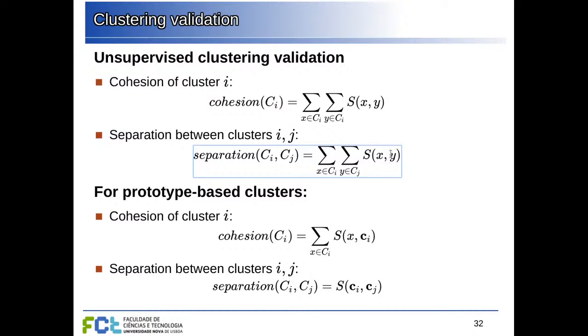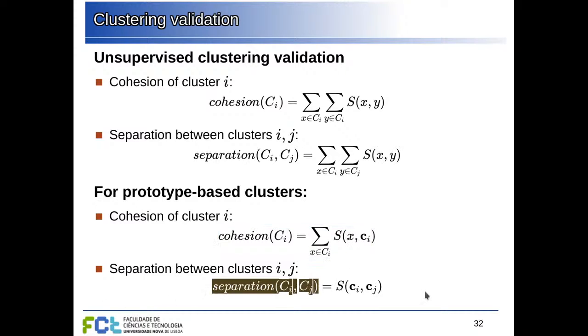If you are using prototype-based clusters, where we assign points to clusters based on their distance to the prototype, then we can simplify this. For cohesion, we can simply add the similarity between all the points in the cluster and the prototype, the centroid, for example.